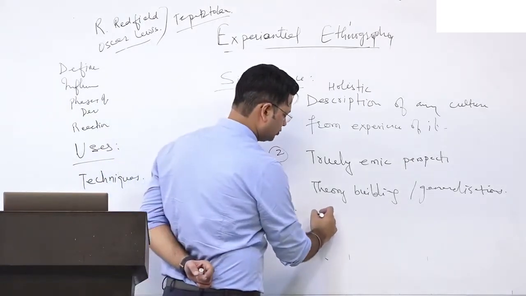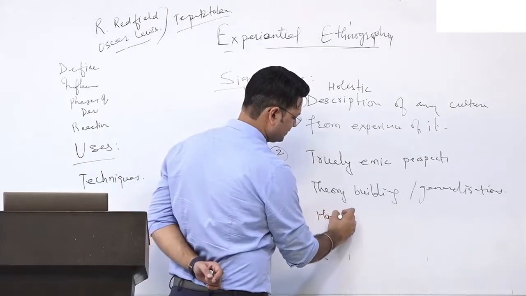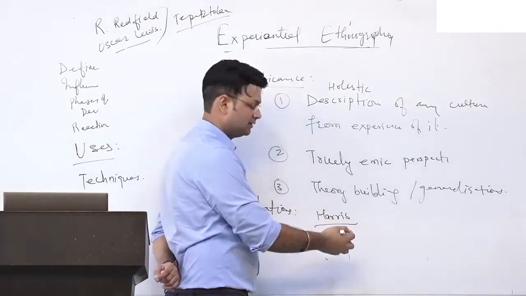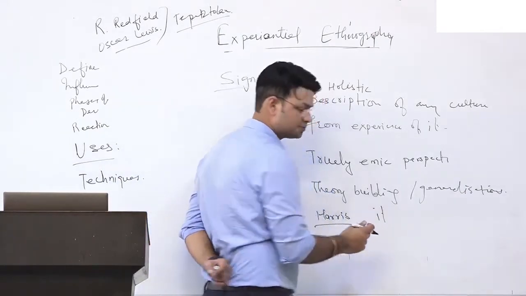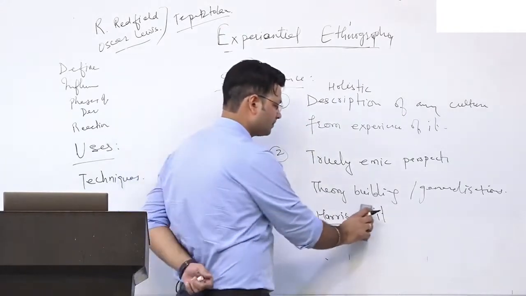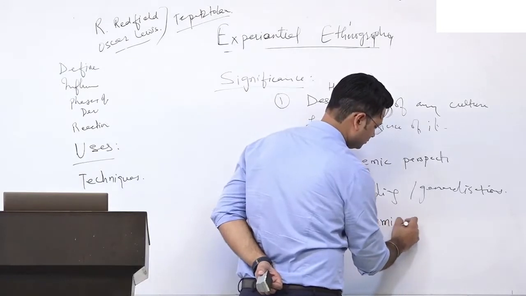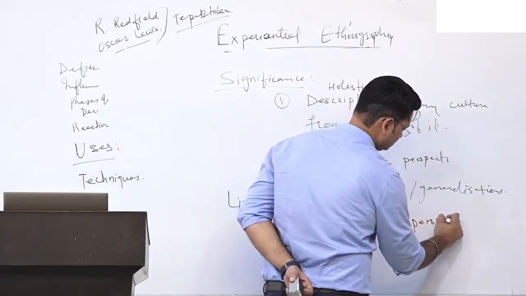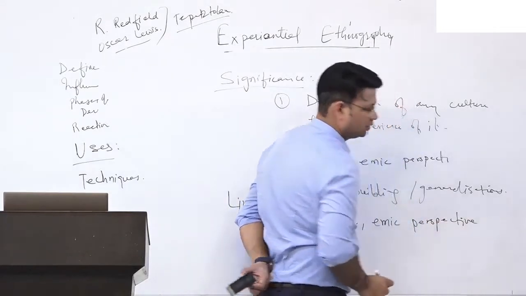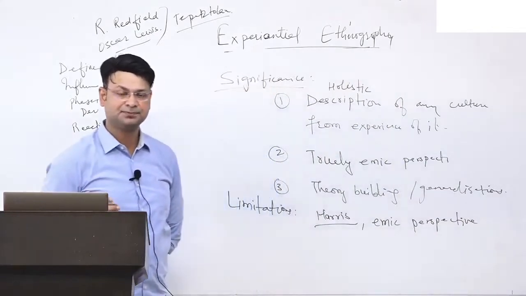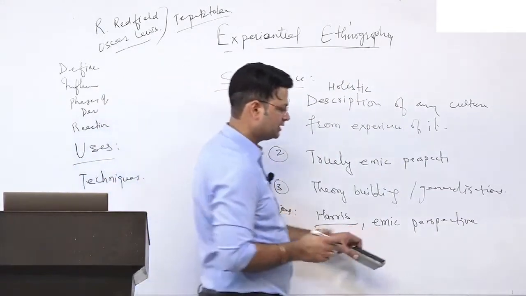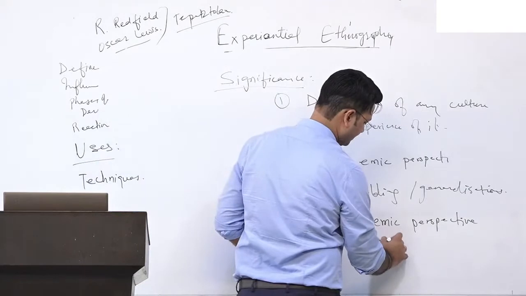So according to Harris or cultural materialists, the emic perspective can be misleading, and it may not help us to build scientific theories, right?